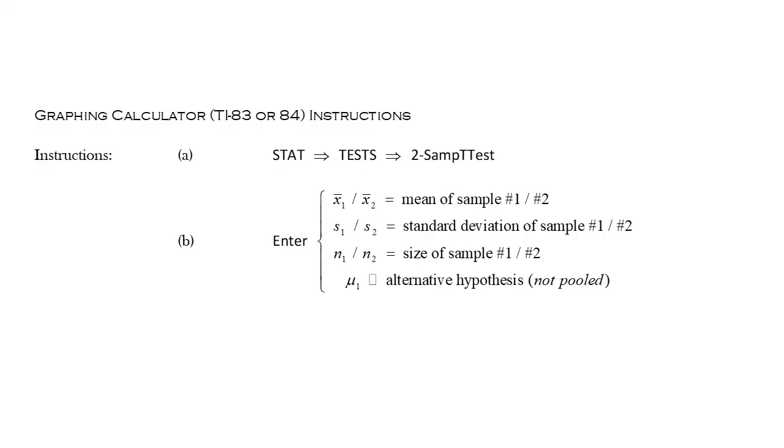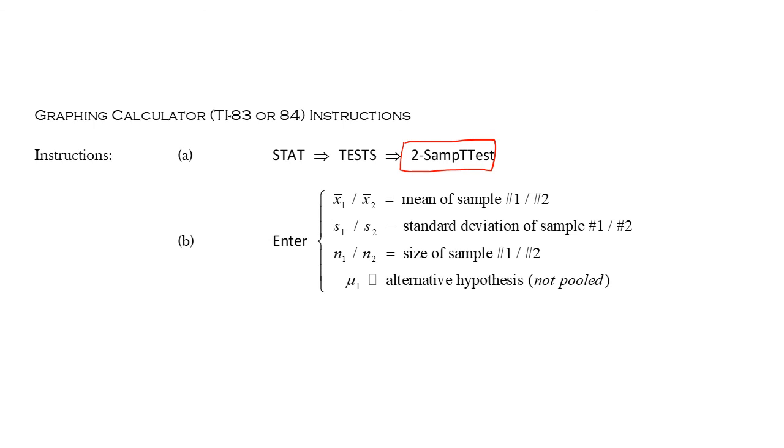Okay, so in this case, our calculator function that we'll use when we're looking at examples here will be the two-samp t-test. What it'll ask for is a mean from each of the groups, a standard deviation from each of the samples, and a sample size from each of the samples.